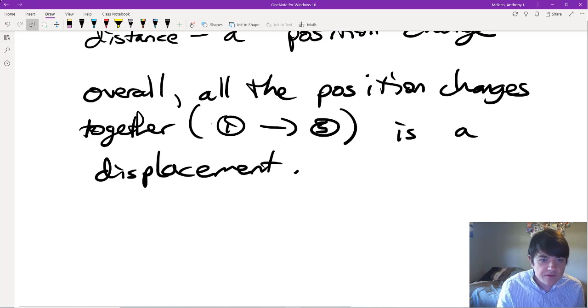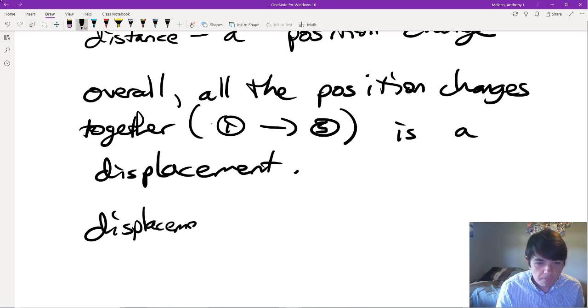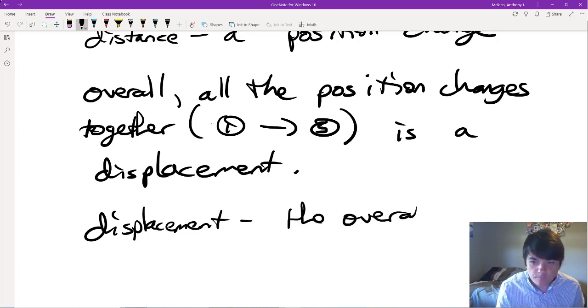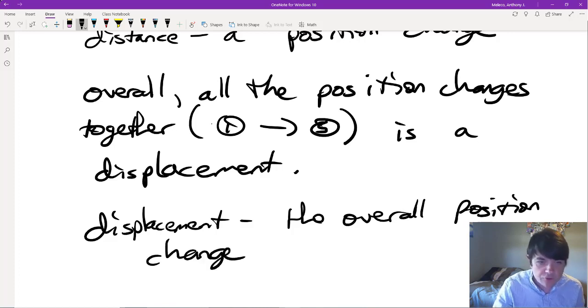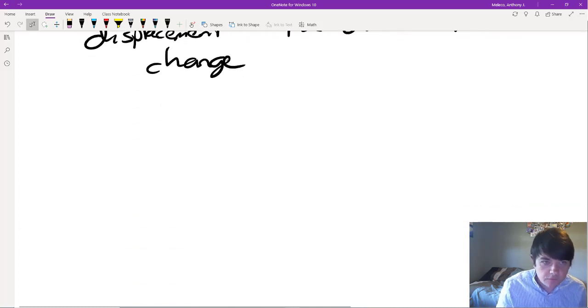So displacement is the overall position change, okay?